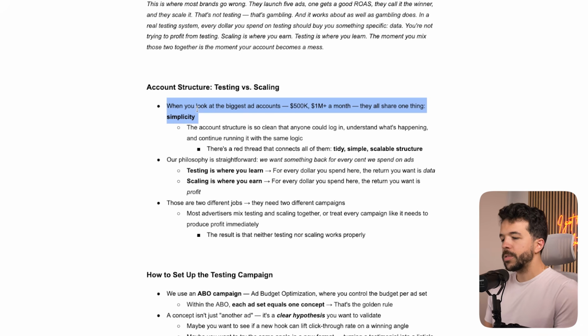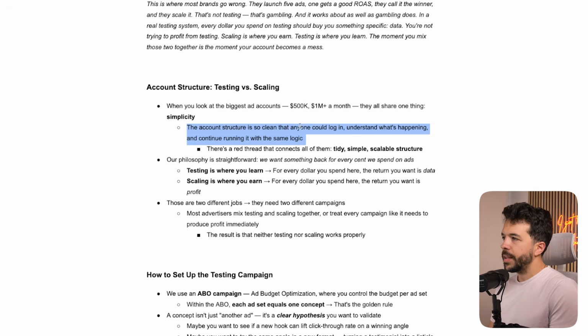For sure, the best accounts I've been in, and the biggest ones as well, are the simplest ones, which is something that makes me think most of the time, because the smaller the brand, the more complicated structures I see, and the more different campaigns they have, multiple ad sets in the CBOs, multiple ABOs, it's just a mess. The account structure is so clean that anyone could log in, understand what's happening, and continue running it with the same logic without anybody explaining it.